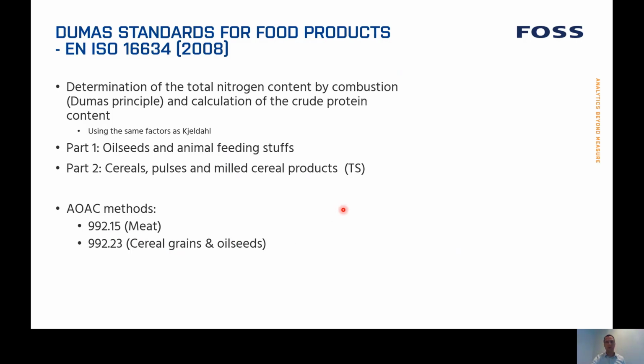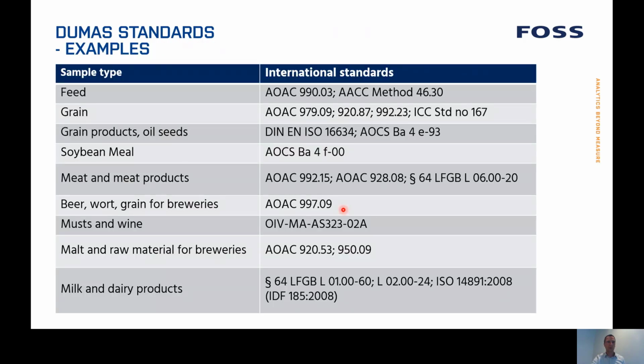So it's an accepted method for measuring different kinds of samples. Here are more examples of the sample types listed, and you can have a look. There's a lot of variety, and the AOAC methods or ISO standards are listed here.